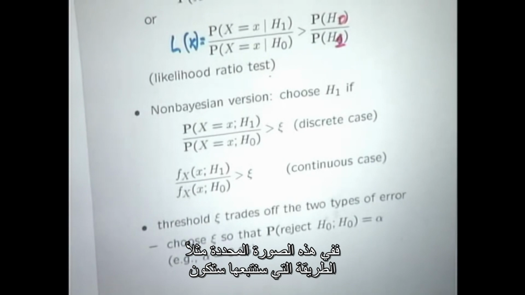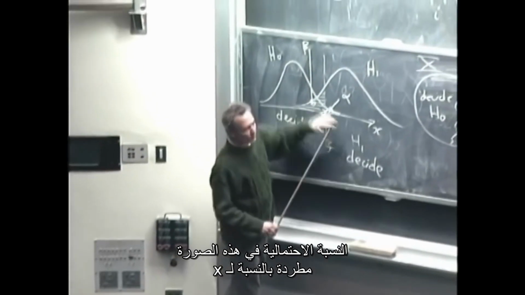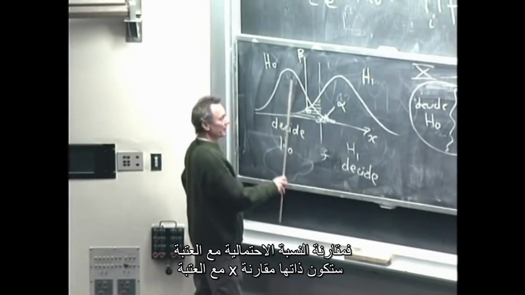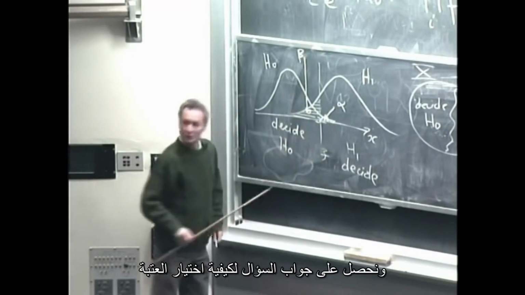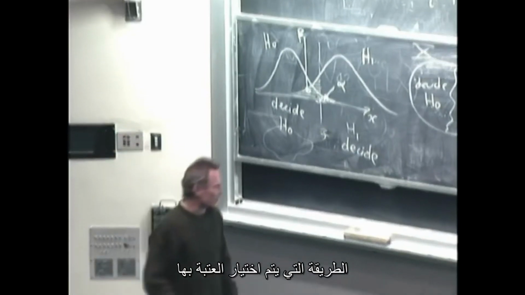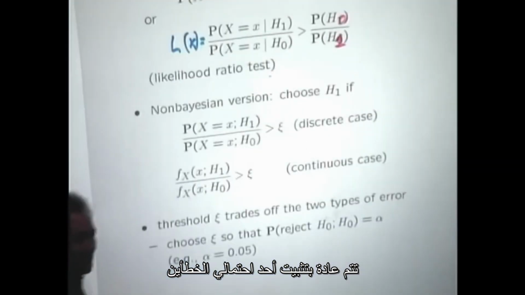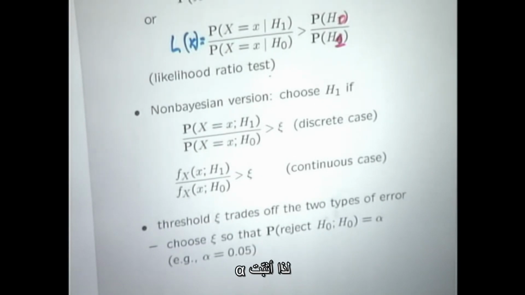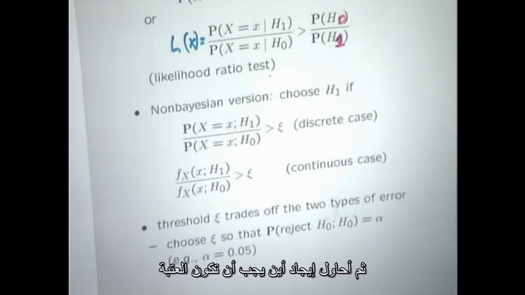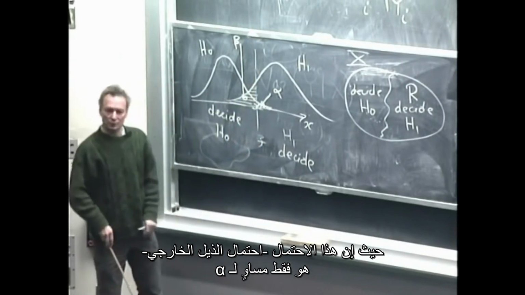In this particular picture, for example, the likelihood ratio goes monotonically with my x. So comparing the likelihood ratio to the threshold would be the same as comparing my x to the threshold, and we got the question of how to choose the threshold. The threshold is usually chosen by fixing one of the two probabilities of error. That is, I say that I want my error of one particular type to be a given number, so I fix this alpha, and then I try to find where my threshold should be so that this tail probability out there is just equal to alpha.